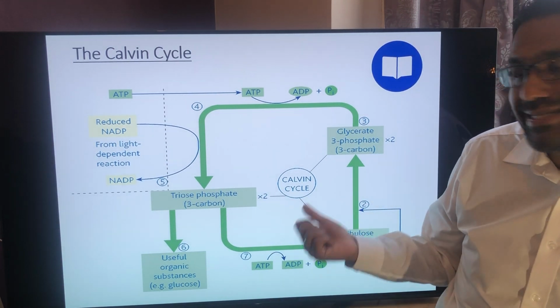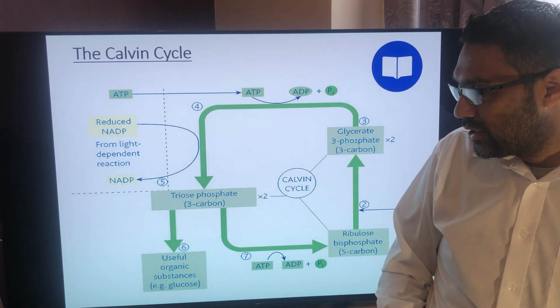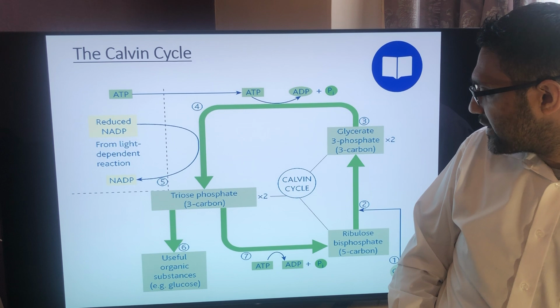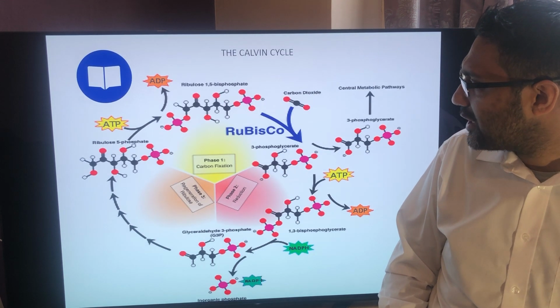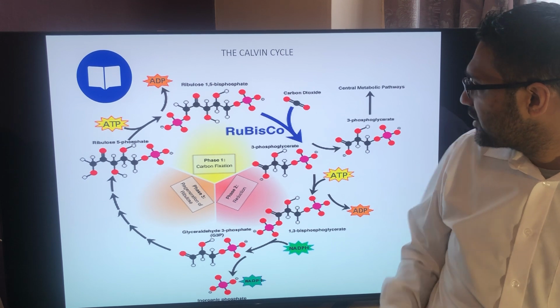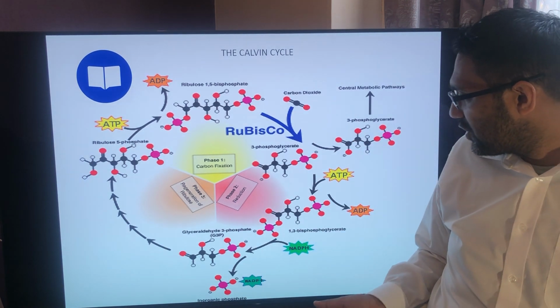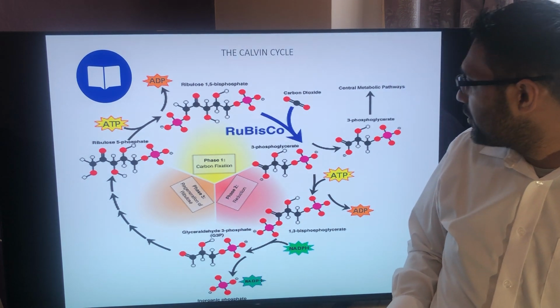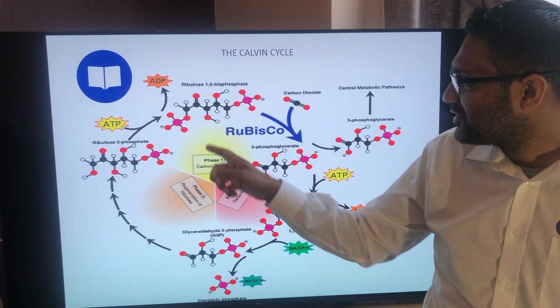That is the light independent reaction. But how did they come across this idea? Here are some clips. This one's a bit more complicated, showing the individual atoms and what ribulose bisphosphate looks like. This is a cycle going the opposite direction to the one I just showed you.